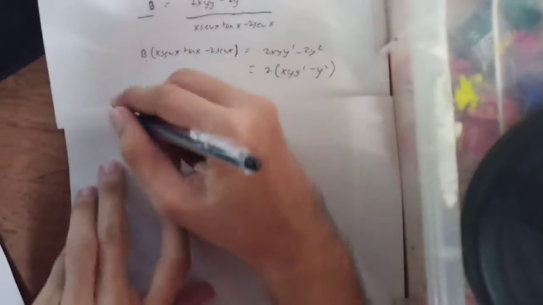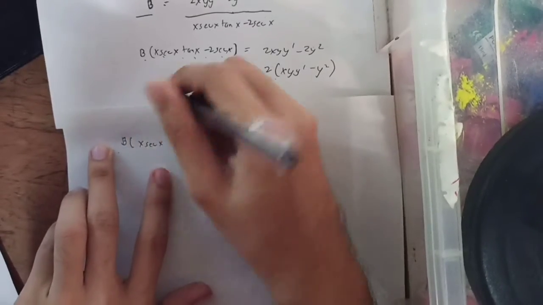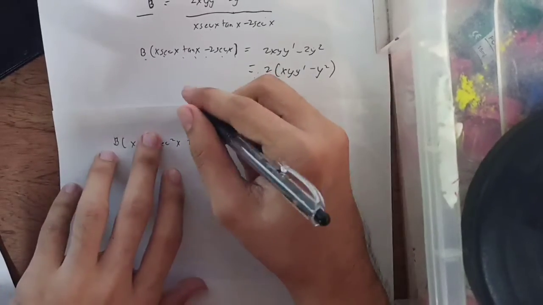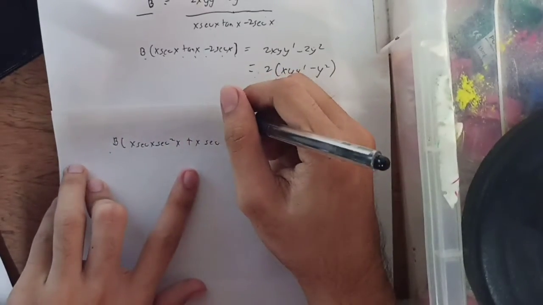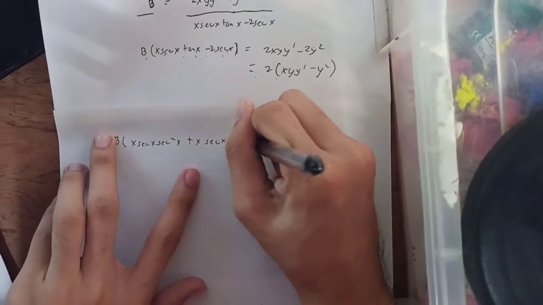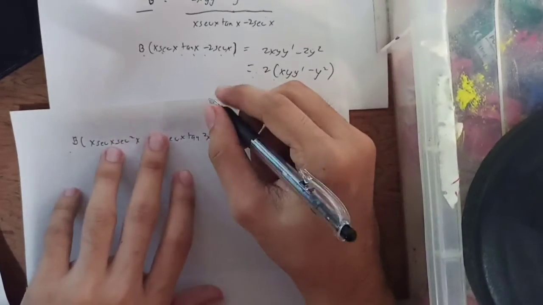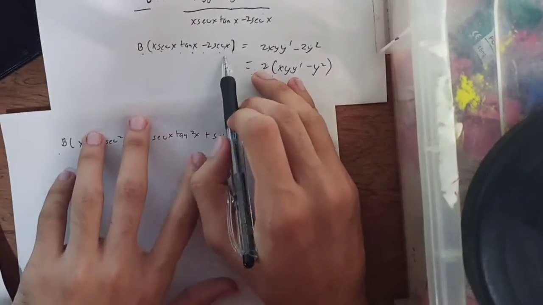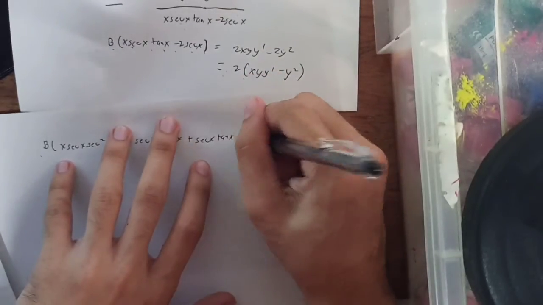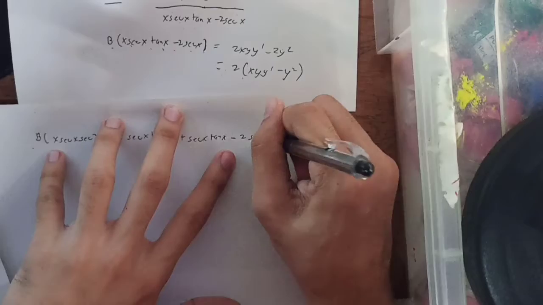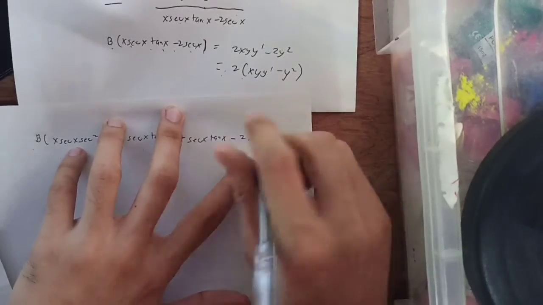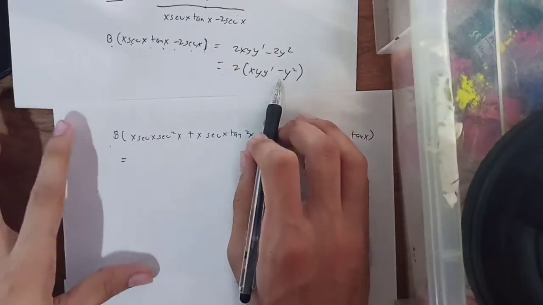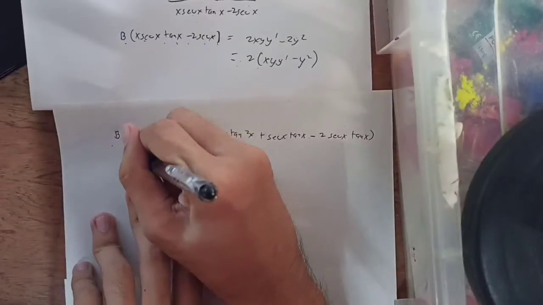So we have b is equal to x sec squared x plus x sec x tan squared x plus sec x tan x, and then the derivative of sec x, which is sec x tan x, minus 2 sec x tangent x is equal to the derivative of 2 times xy prime minus y squared.